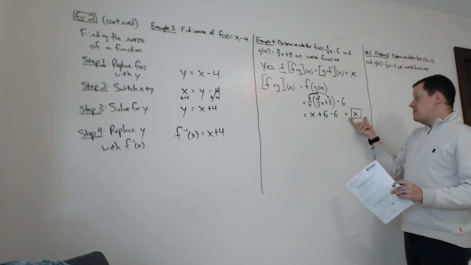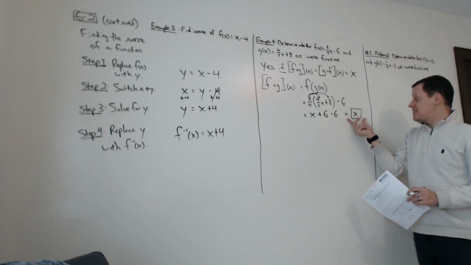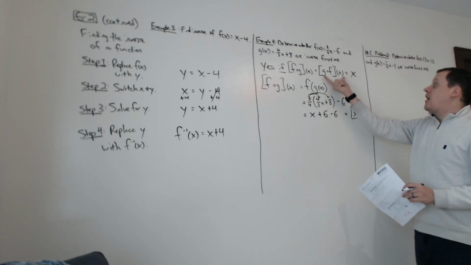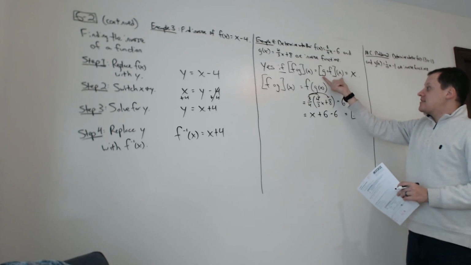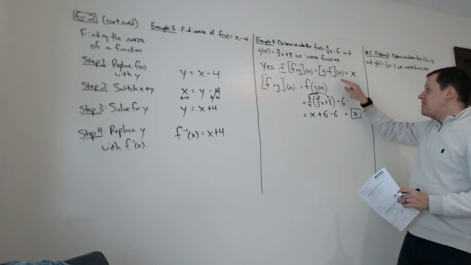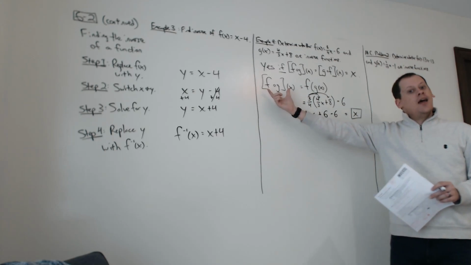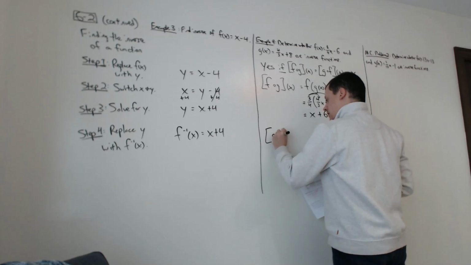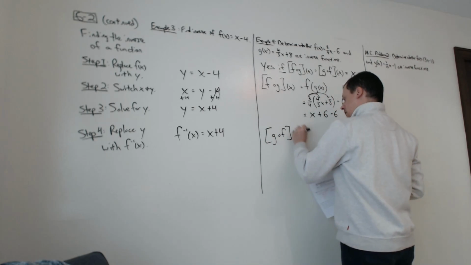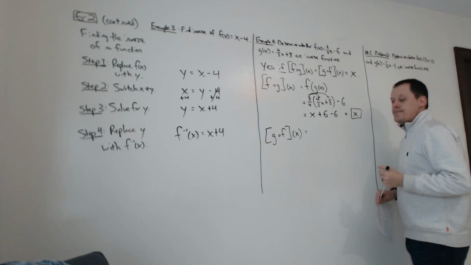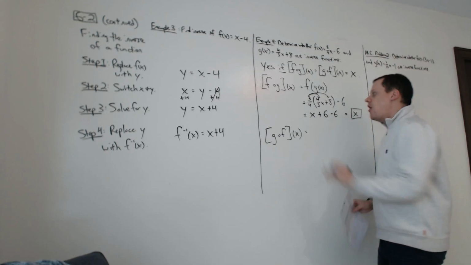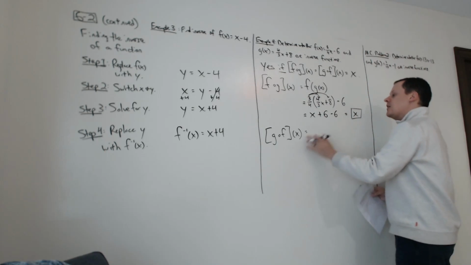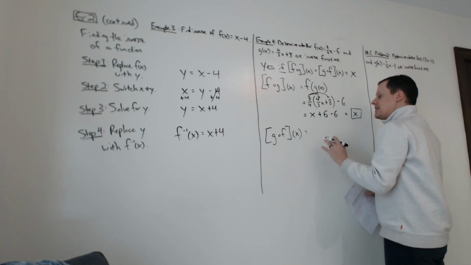So as happy as it makes us that we've got this being x, this also needs to be equal to x. So we need to calculate g of f of x just like we calculated f of g of x. So let's do that. Let's draw on what we've done before to see if we can do this a little more easily.